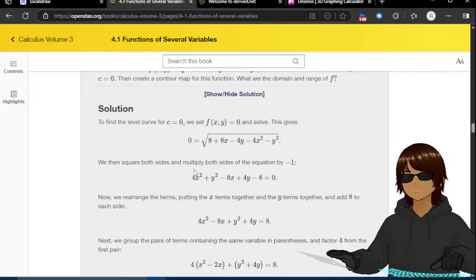We then square both sides and multiply both sides of the equation by minus 1.